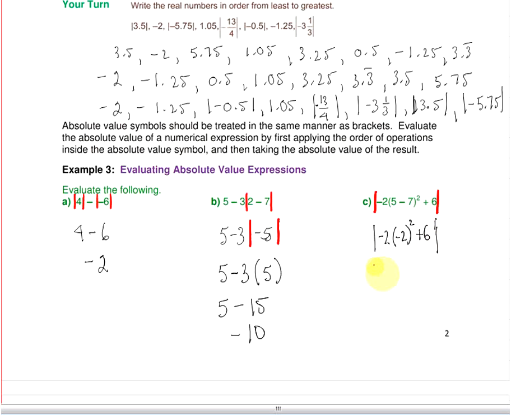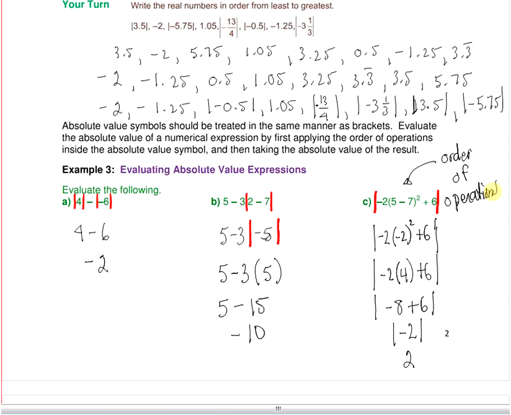Negative 2 squared is 4, plus 6, so negative 2 times 4 is negative 8, plus 6. Negative 8 plus 6 is negative 2, and then the absolute value of negative 2 is positive 2. Okay, so you're going to apply your order of operations inside the bracket.